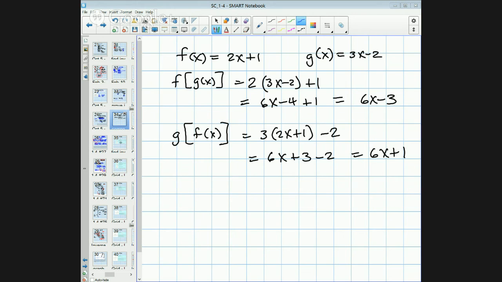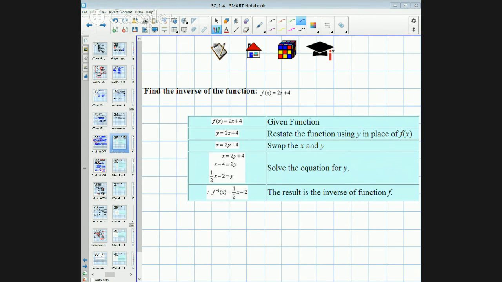Let me show you from the web page, you can go to the independent website. Here's an example I have up there. You can go look at it on your own, but it does just what I told you. You first replace the f of x with y, then you swap the x and the y. Now you solve for the new y.